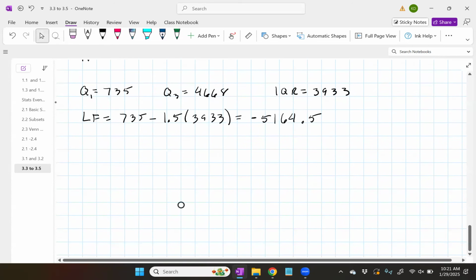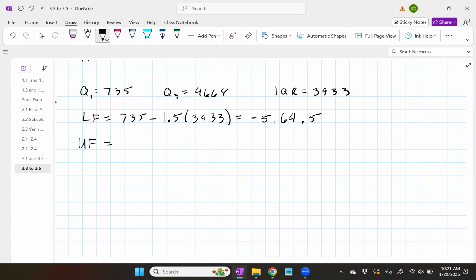Sometimes we can. Our upper fence, we do a very similar process. This should be 4668 plus 1.5 times our 3933.